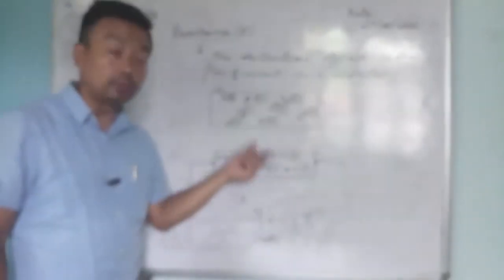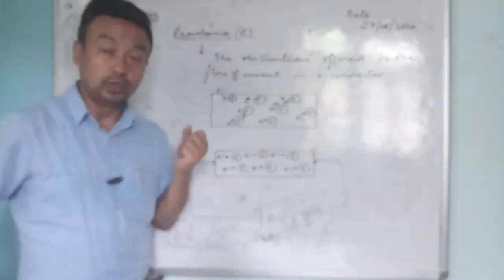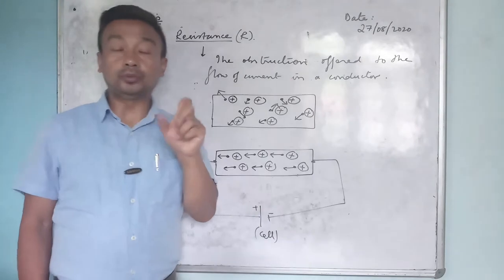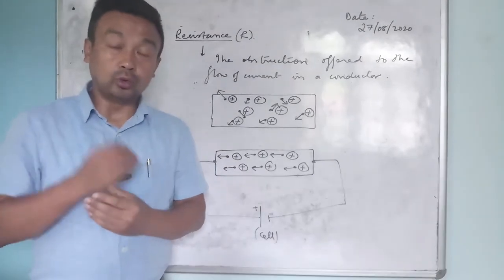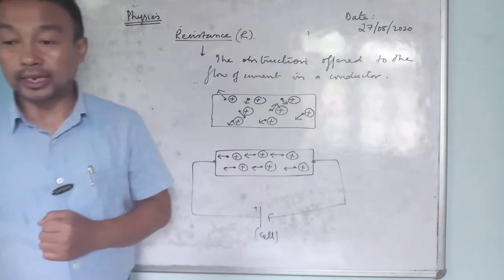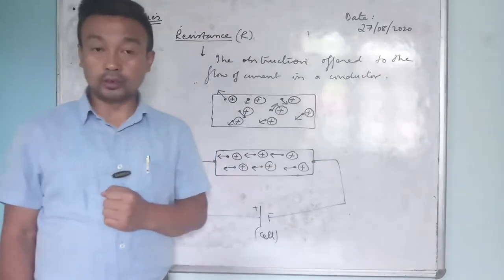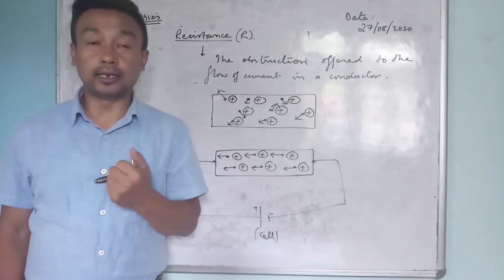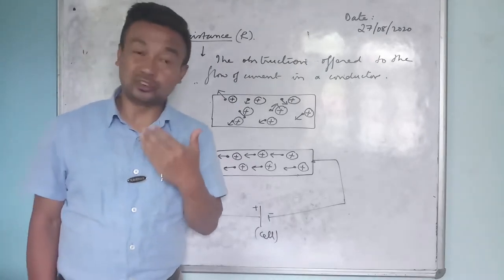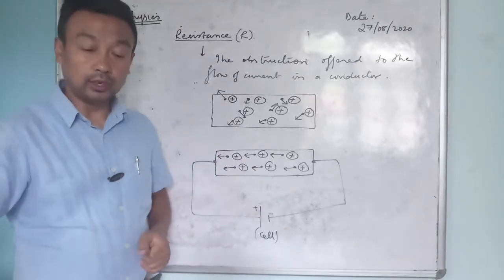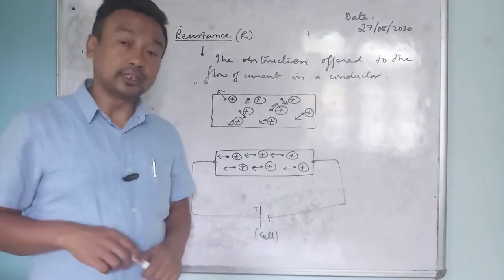From there we come to another important law, that is called Ohm's law. This Ohm's law was discovered by a scientist, the name of the scientist is Ohm. We are going to study that in detail in the next class.